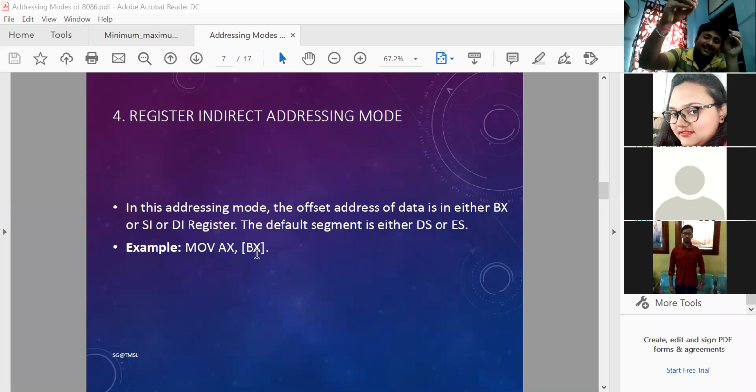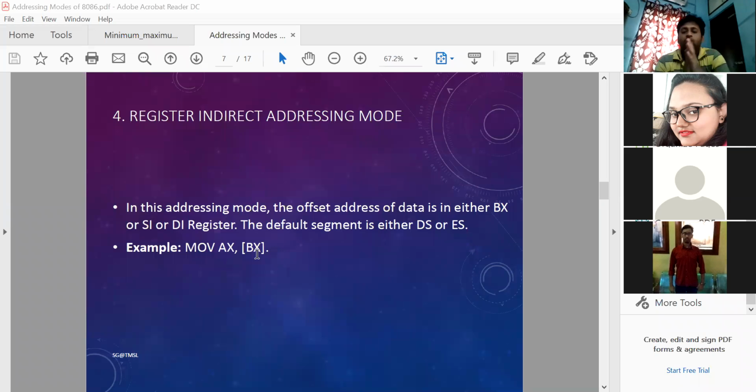If it is 16 bit, then two consecutive memory locations, 6000 and 6001, are used to store the 16 bits, and they will be loaded inside the AX register.